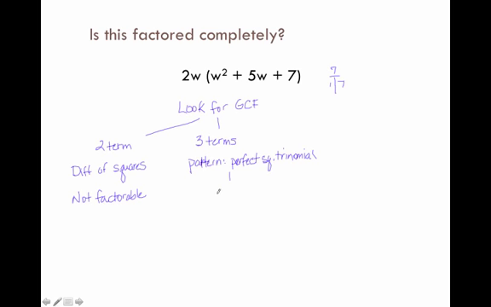If not, then I'm going to move to my next option, which is to use my box and T method, and we've gotten lots of practice with that. If we're not finding any numbers that will multiply to give me my C and add to give me my B, then I'm again not factorable.